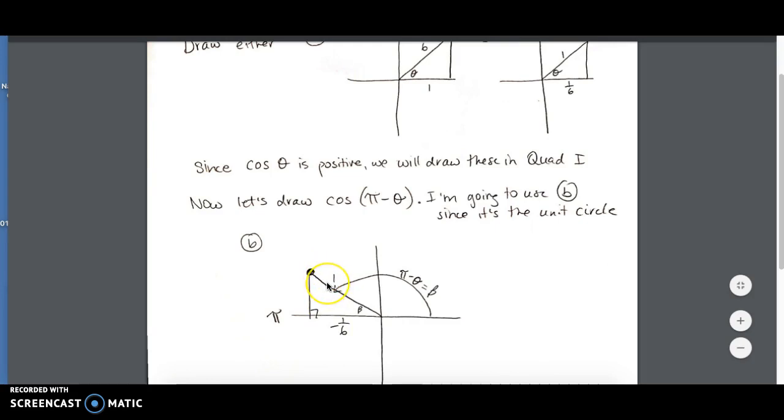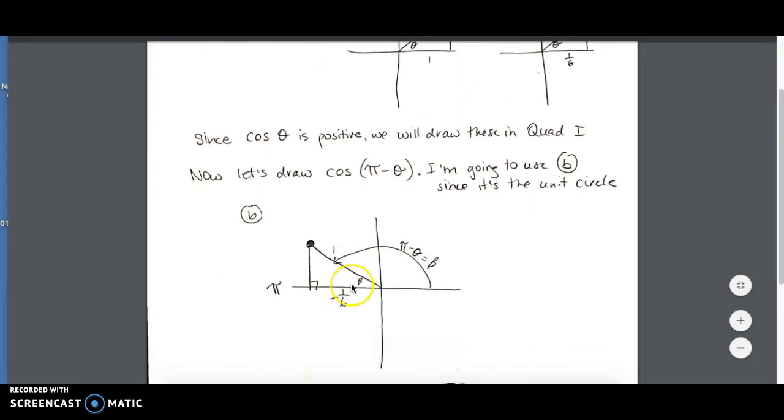The radius of your circle is still positive, which is 1. Evaluating this new angle, our reference angle is this entire angle here. I probably didn't label that exactly correctly, but this is our reference angle to the x-axis.